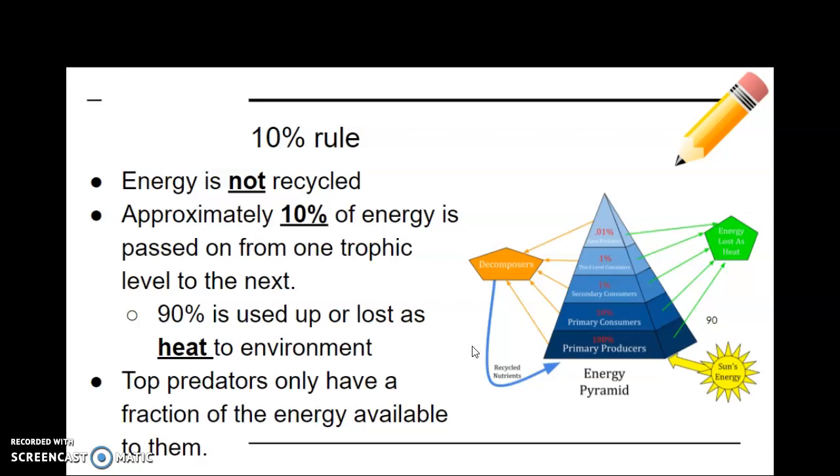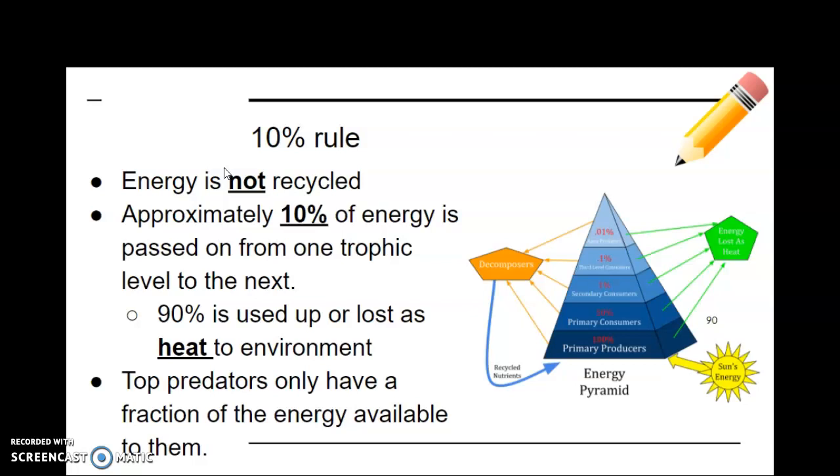So before we get into the 10% rule, we need to talk a little bit about energy. Energy is not recycled. We can't reuse any energy that we have in our bodies. Once it's used, it's gone. We need a constant supply of energy from our food, and our food needs a constant supply of energy from the sun.